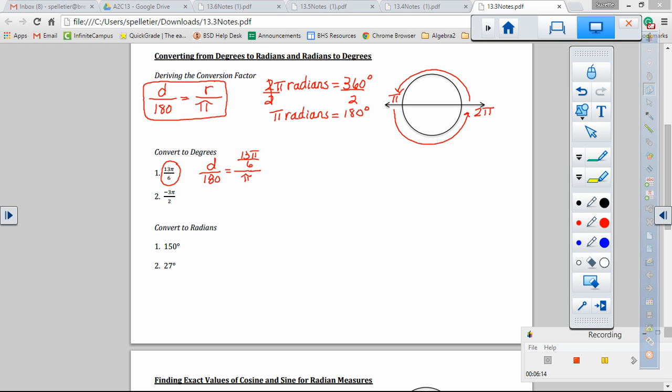Again, what do you do to solve a proportion? I think almost all of you know you're going to cross multiply.